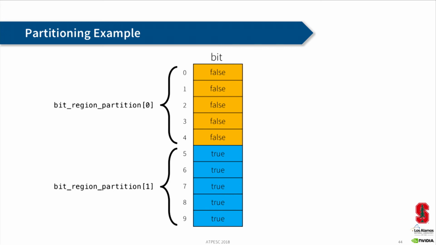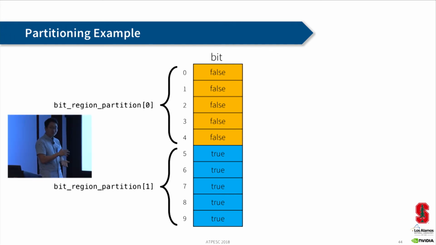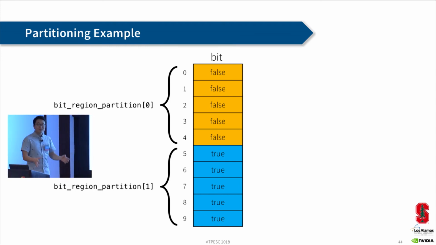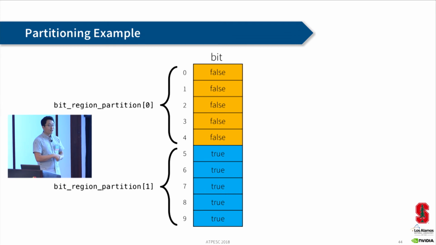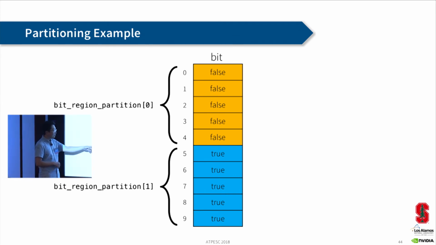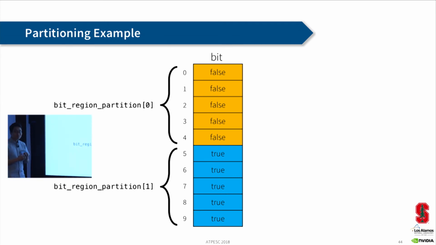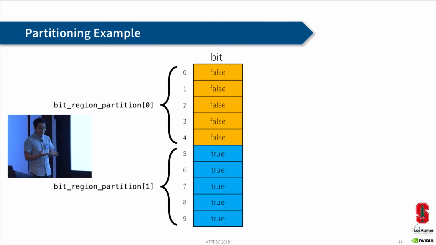So here, each piece, or what we call a subregion, has 5 entries. And the set of subregions has a name, in this case, big region partition. So we call a partition the name of a set of subregions.